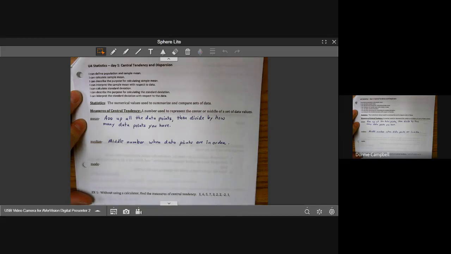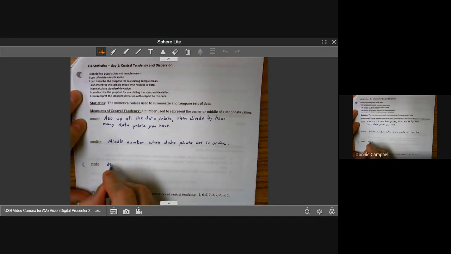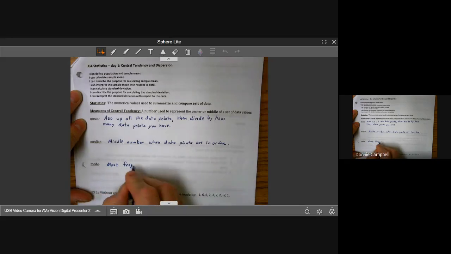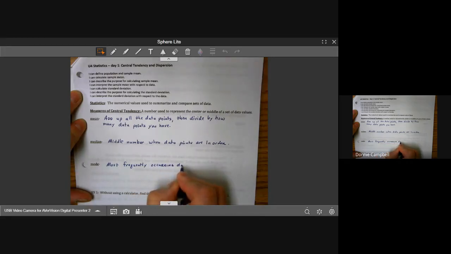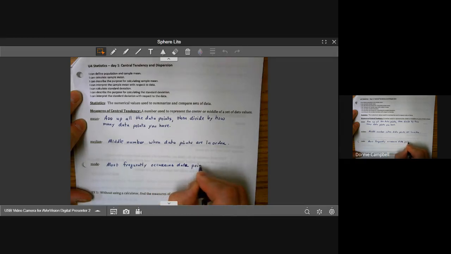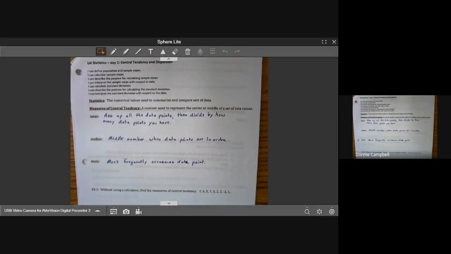But if you got an even amount of numbers, then you have to average the two middle numbers to get the median. The mode is the most frequently occurring data point, what occurs the most. And you might have more than one mode, or you might not have any.